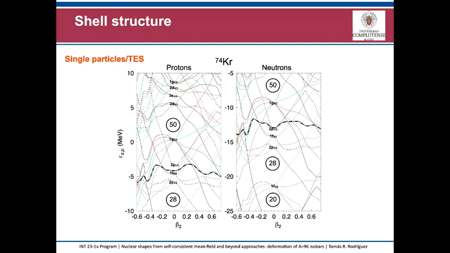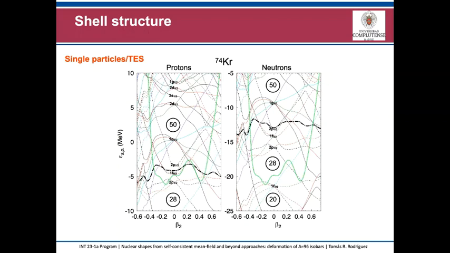If we superimpose, I don't know if you can see it because it's in green and probably not a good choice of color, the energy surface for Krypton 74, you see this is the minimum of Krypton 74. We have one minimum here. You can directly connect the minima in the energy surface with gaps in the Nilsson levels, and these gaps are crossed by the Fermi level.